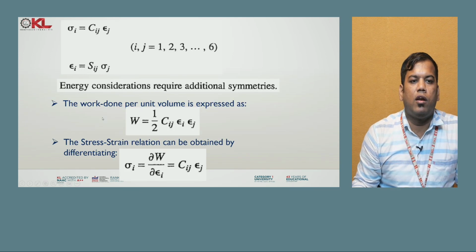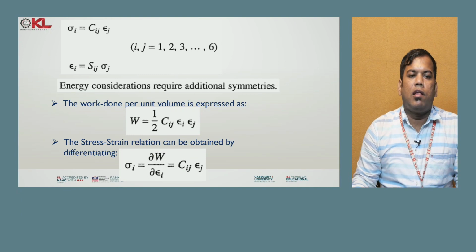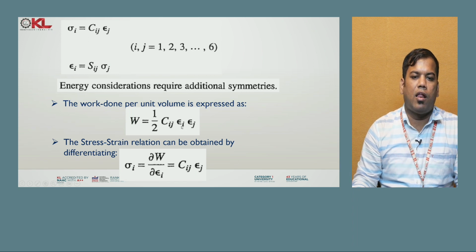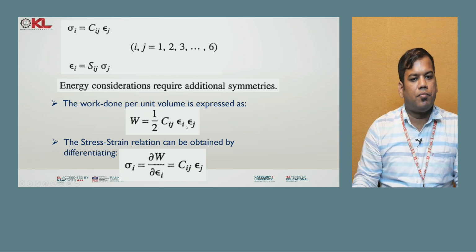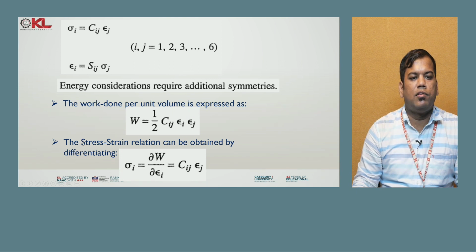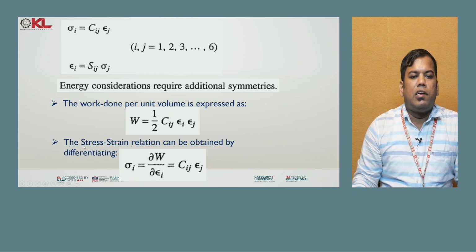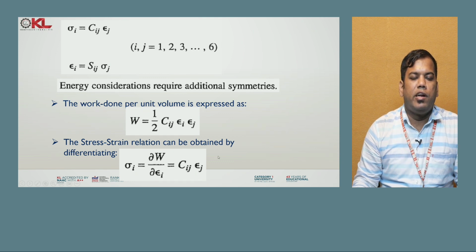So we will see this one. We will consider the energy consideration. Thus the work done per unit volume W can be half Cij epsilon i epsilon j. Now the stress strain relation can be obtained by differentiating. So sigma i will be Cij into epsilon j.